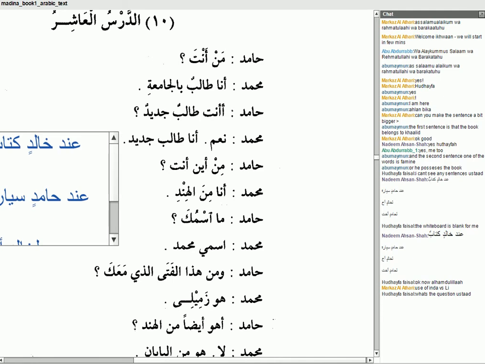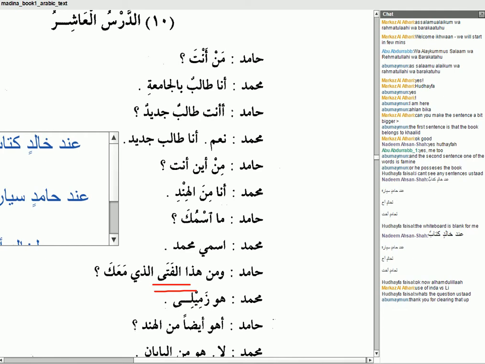Another thing that we're going to pick up in this lesson is some new vocabulary, for example the word al-fata.